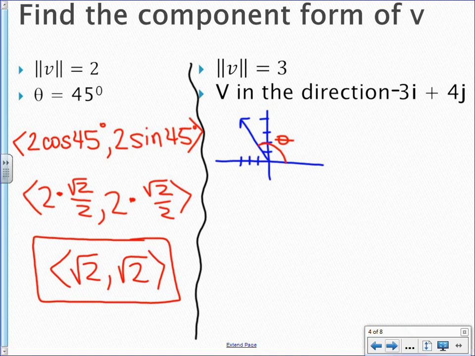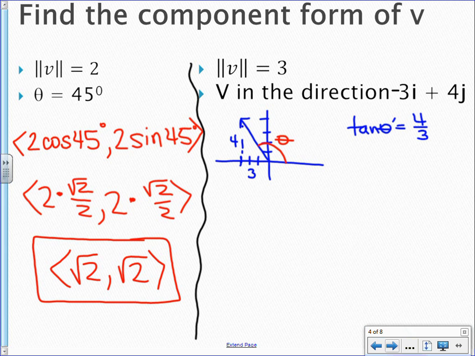So we're going to have to use a reference angle, right? How do we find this angle? The tangent of our reference angle needs to be equal to 4 over 3.